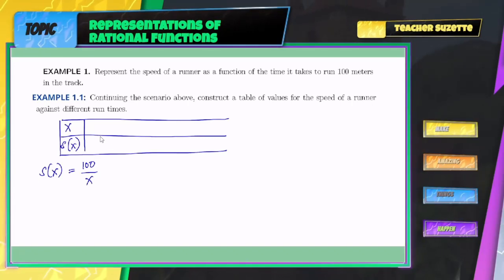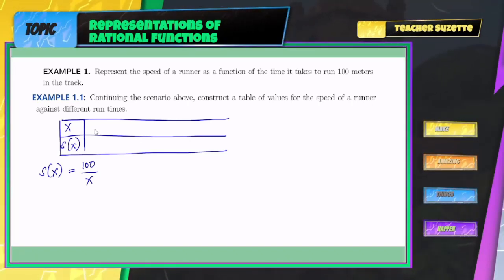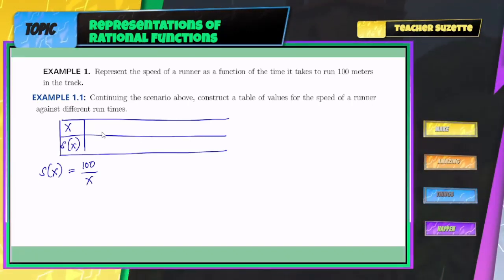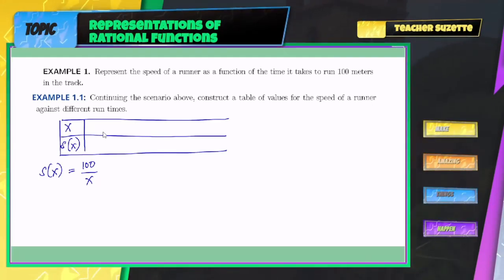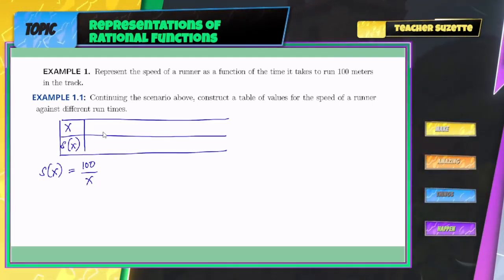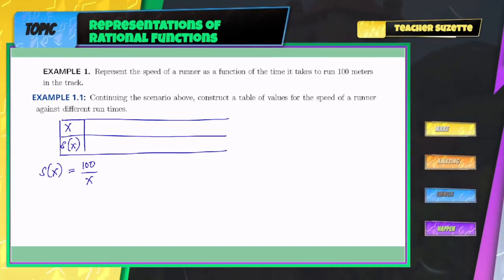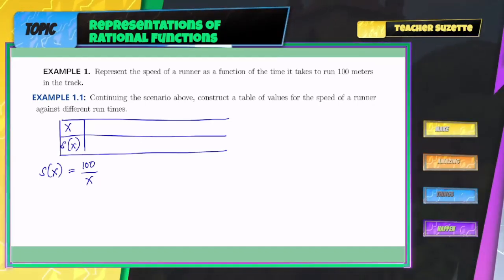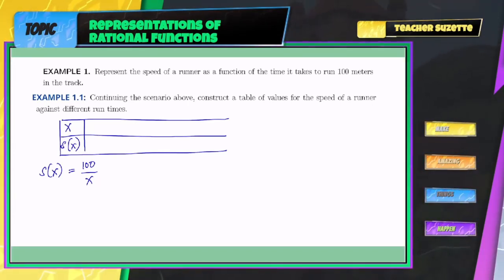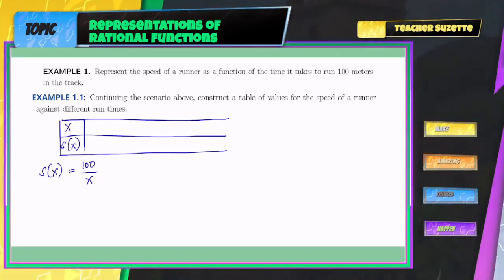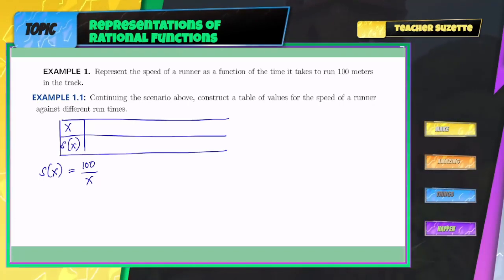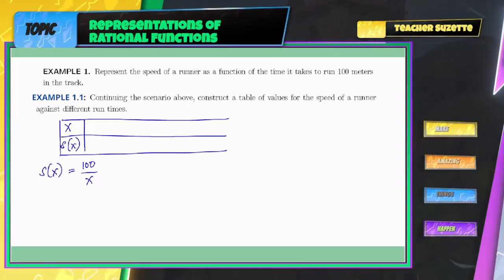Now this time, mag-plug in na po tayo ng ating mga possible values of x. Based po dun sa current world record natin, as of 2015, for a 100-meter dash, meron pong record na na-obtain si Usain Bolt noong 2009 na 9.58 for a 100-meter dash.